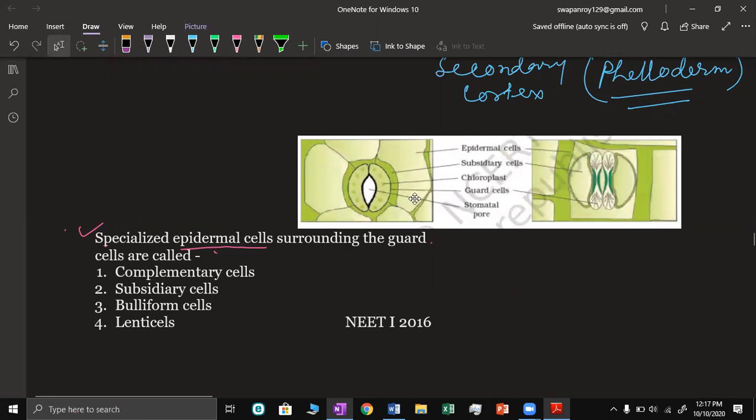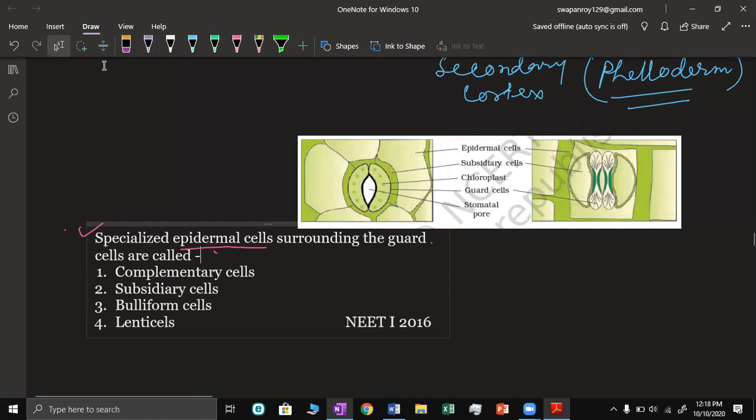These are photographs of the stomata. Here you can see these special epidermal cells surrounding the guard cells are called what?